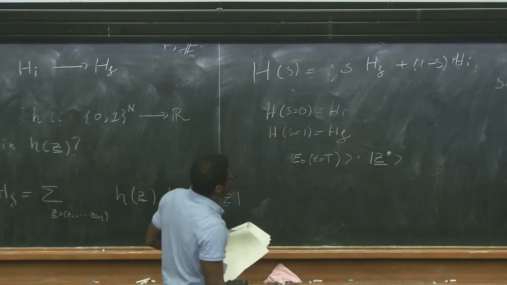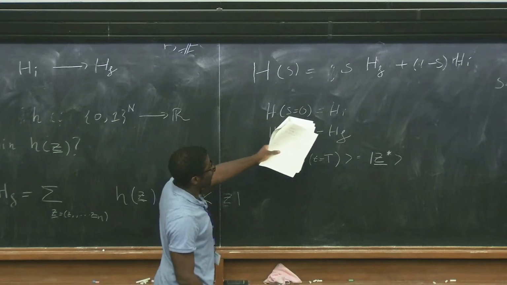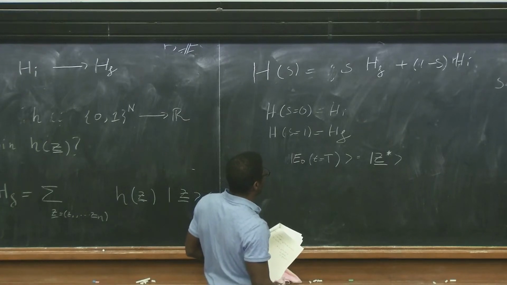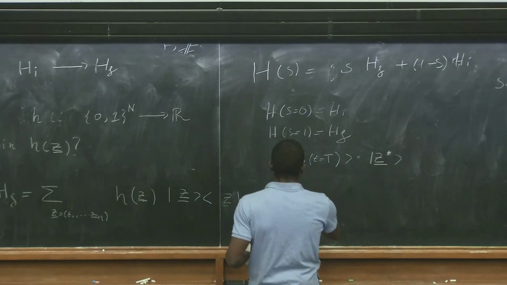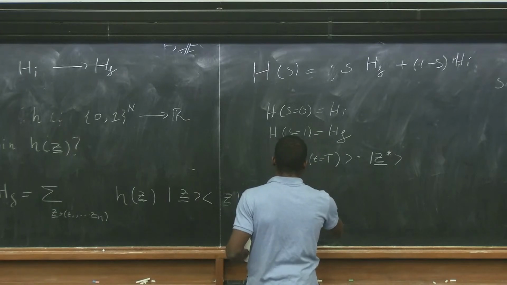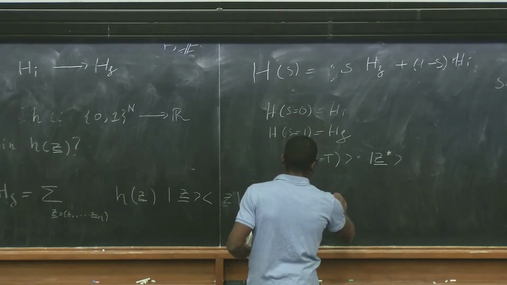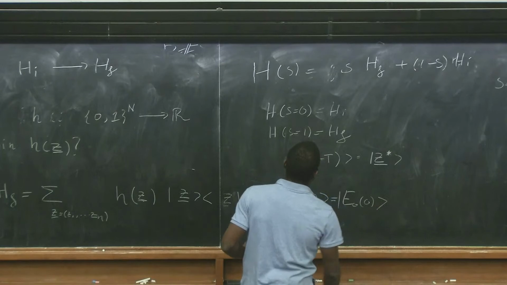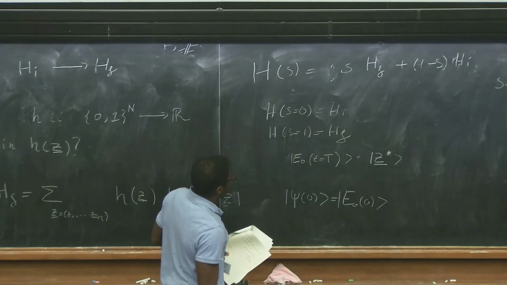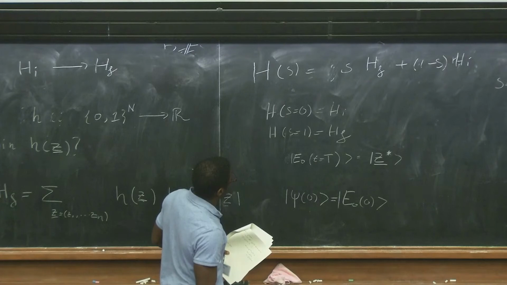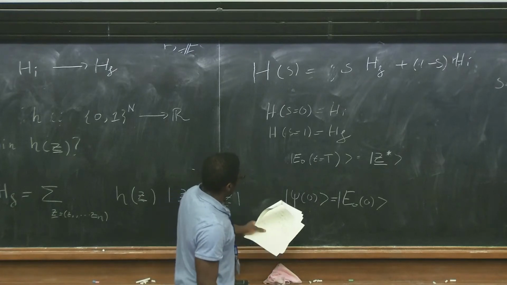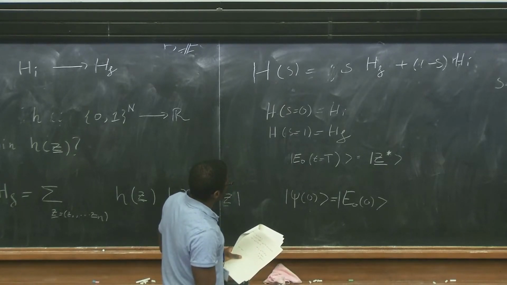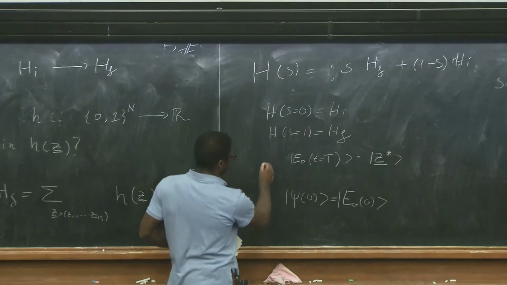If I am able to prepare the system in the initial state, which is one of the requirements for the adiabatic theorem, so I must be able to prepare this initial state, which is the ground state of the initial Hamiltonian, then the adiabatic theorem assures us that evolving with this Hamiltonian is going to generate the solution we are looking for.